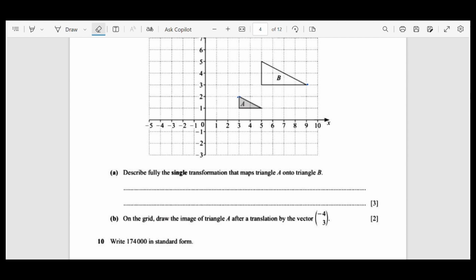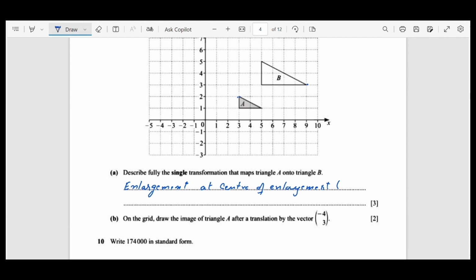So first we will write enlargement and center of enlargement. Let us check the center of enlargement.